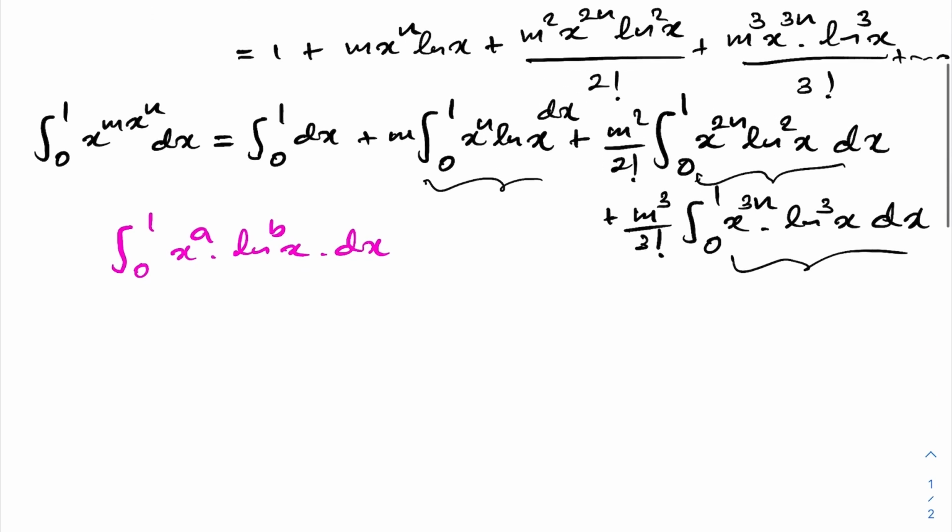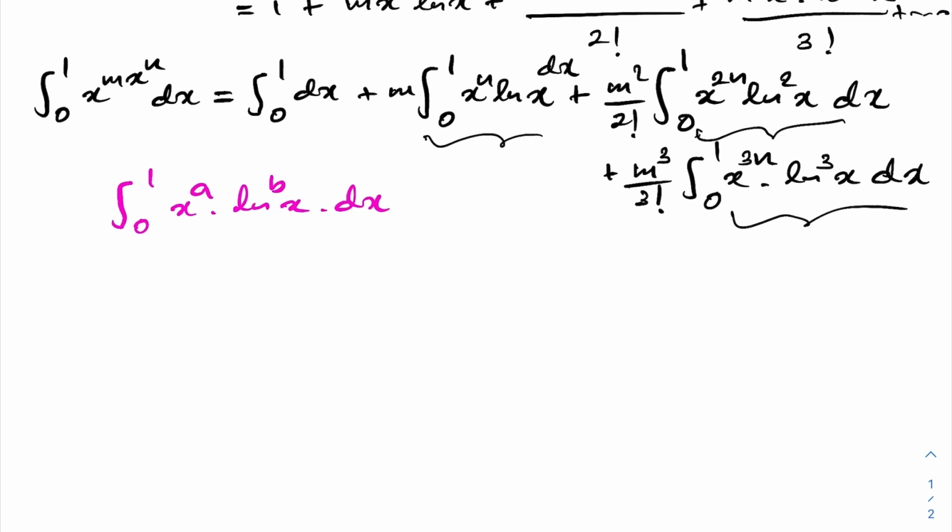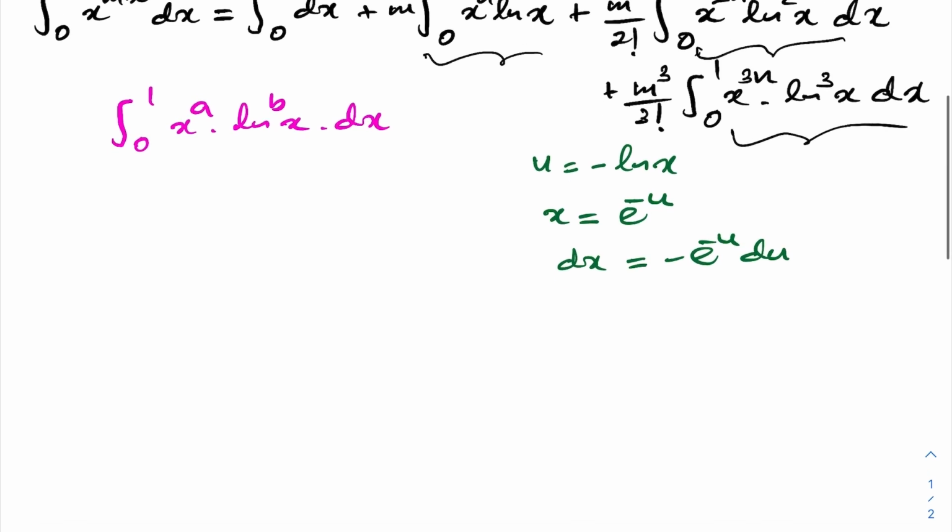To evaluate this integral, we can take a substitution. u is equal to minus natural log of x, then we can isolate x: x is e to the minus u. Then we can differentiate: dx is equal to minus e to the minus u du. Now we can plug in the limits.